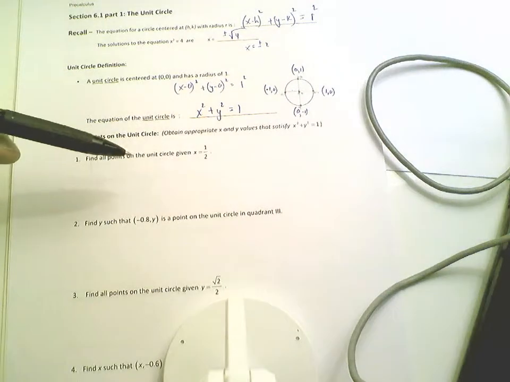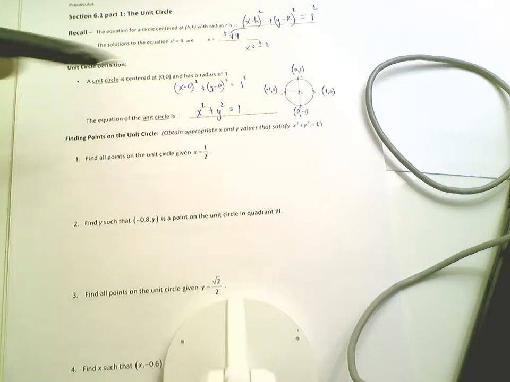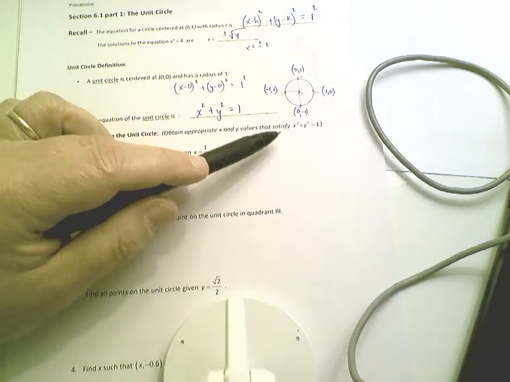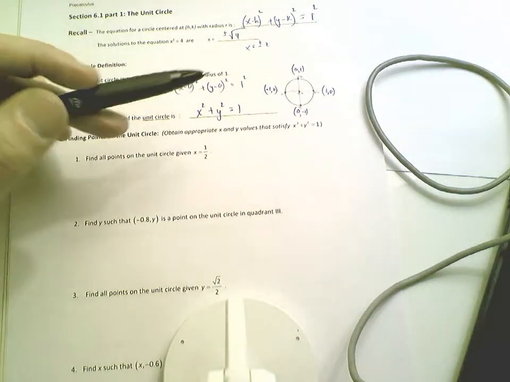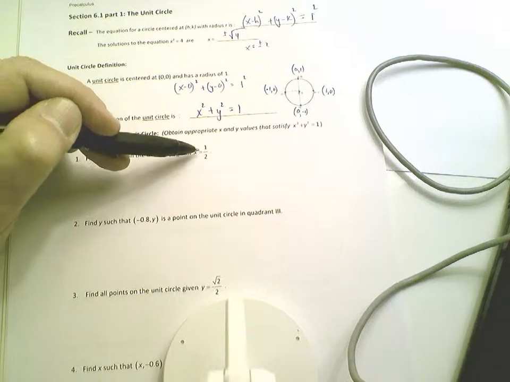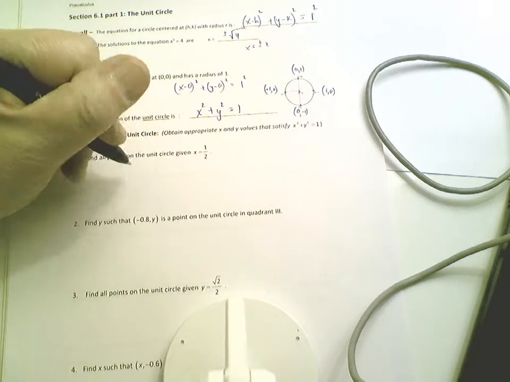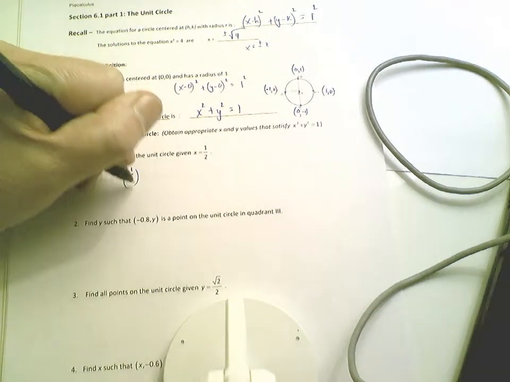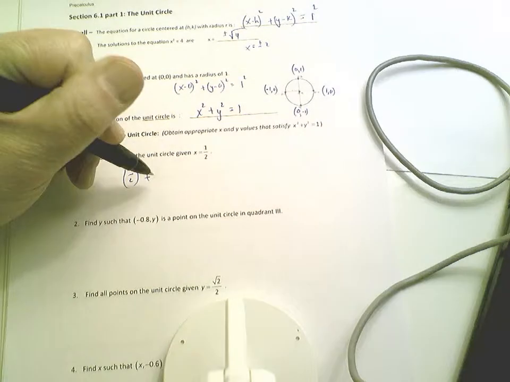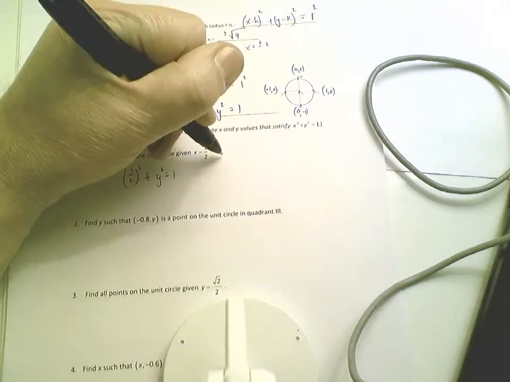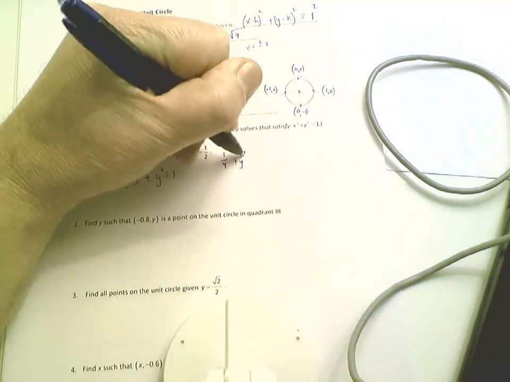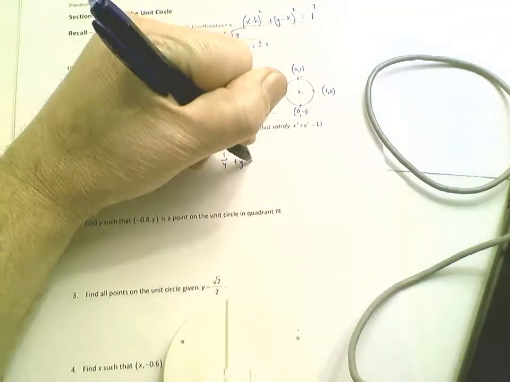Find all points on the unit circle given that x equals 1/2. Well, what do I know must be true? I know x squared plus y squared has to equal 1. I know that x is equal to 1/2. So I know that (1/2) squared plus y squared equals 1. This becomes 1/4 plus y squared equals 1.